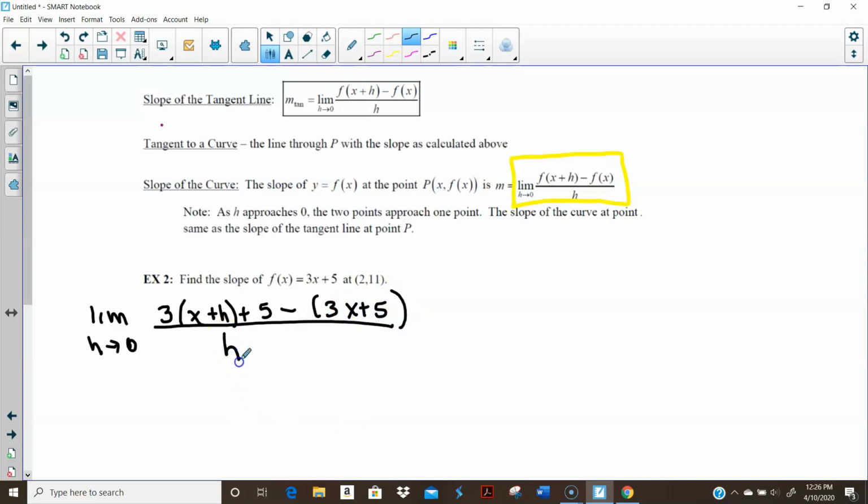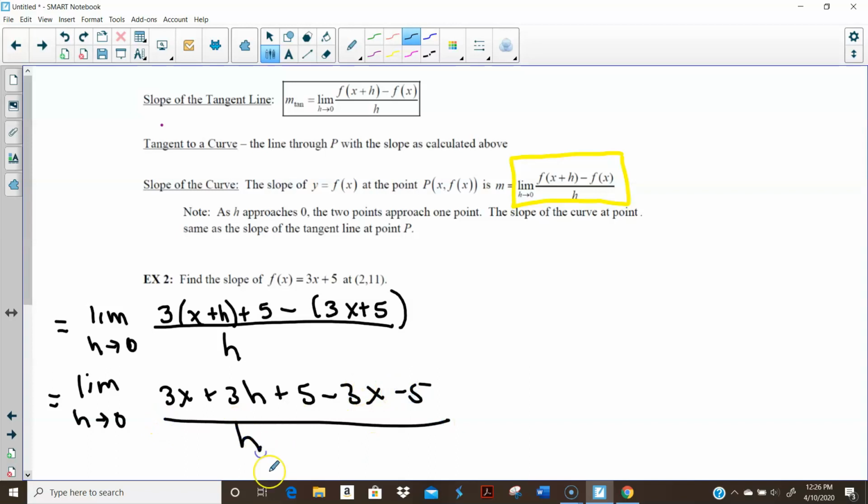All over h. Now, I cannot use direct substitution because if I plug in 0 for h, I'm going to get 0 at the bottom of a fraction. So I'm going to go ahead and reduce the top. It's the limit as h approaches 0 of 3x plus 3h plus 5, subtract 3x, subtract 5, over h.